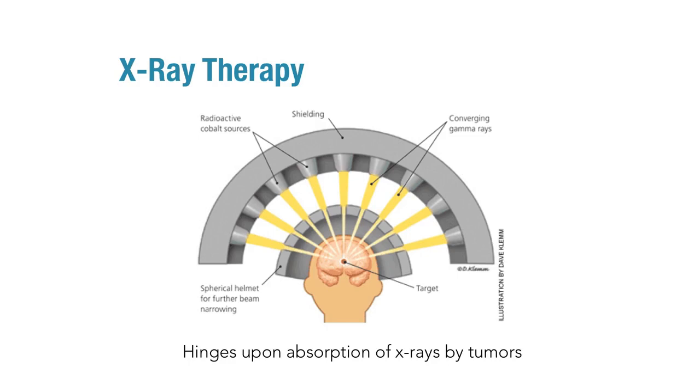And this is one way of minimizing damage to the surrounding tissue while maximizing damage to the tumor itself. However, we have a problem in that photons simply travel through matter, so a lot of the rest of the brain, or whatever you're targeting, still gets irradiated.